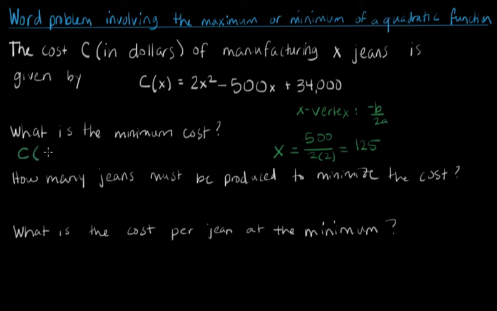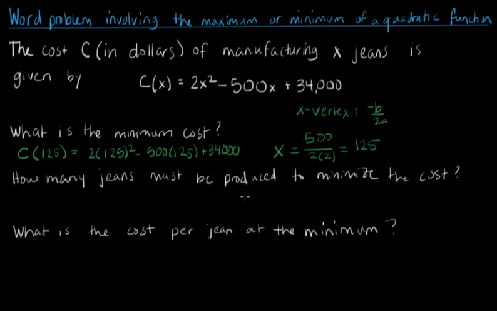The cost is the y value, so we need to figure out what the cost is. So C of 125 is 2 times 125 squared minus 500 times 125 plus 34,000.